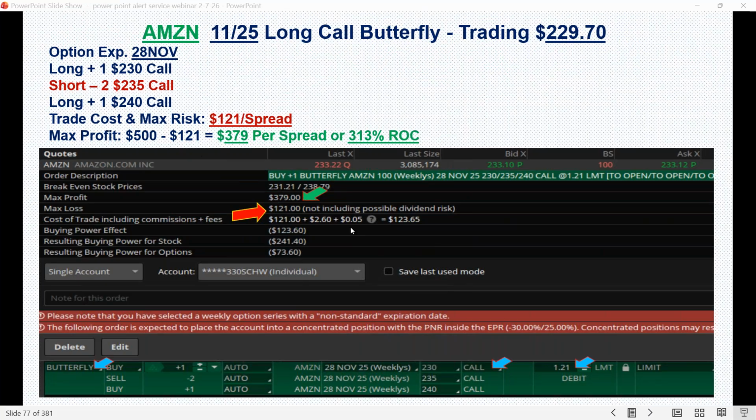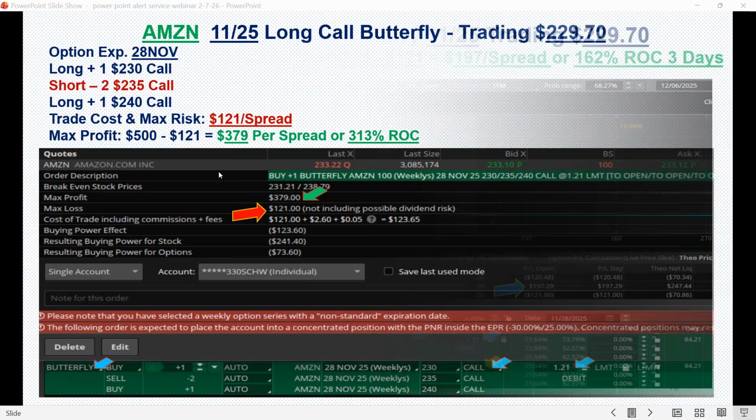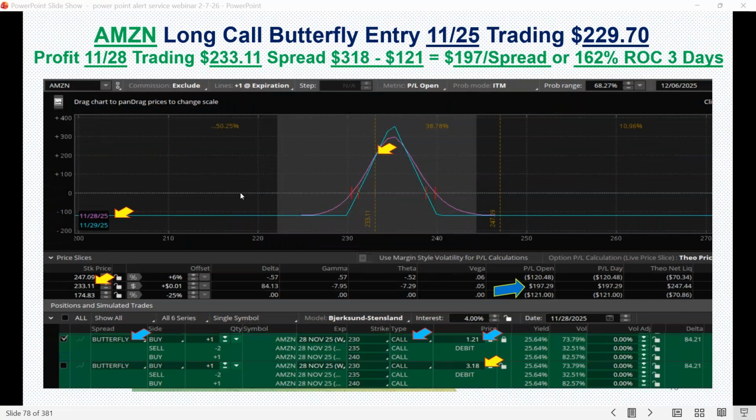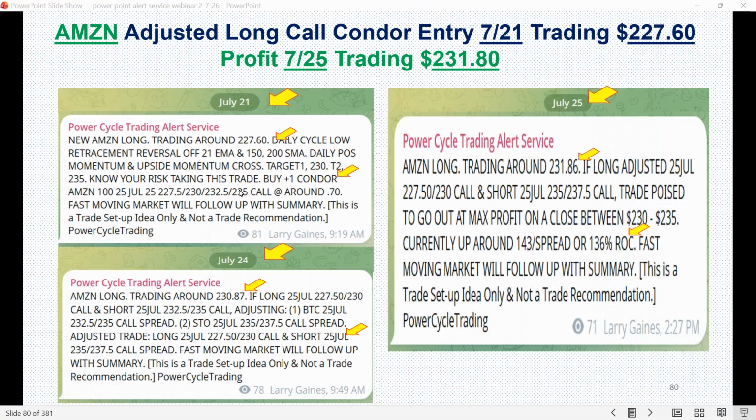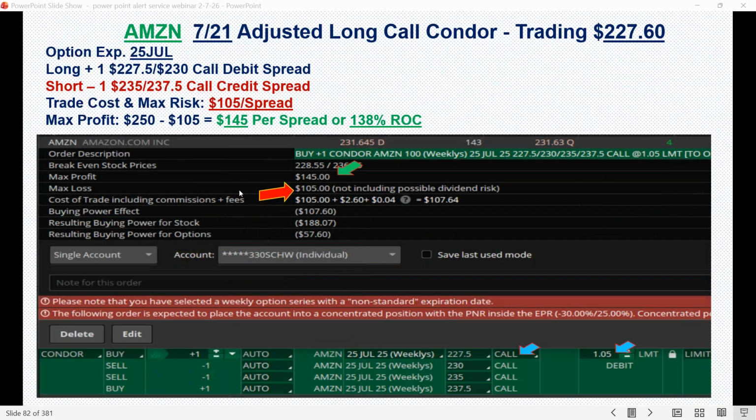So if you did one contract, $121, or did 10, 15, 20, 30, however many you want. But they're not high-costing, high-risk kind of trade setups. Here was just an example of the Condor, $105 in spread.